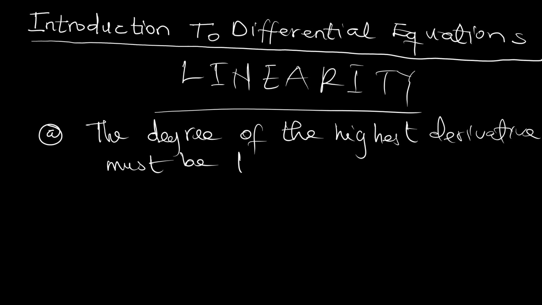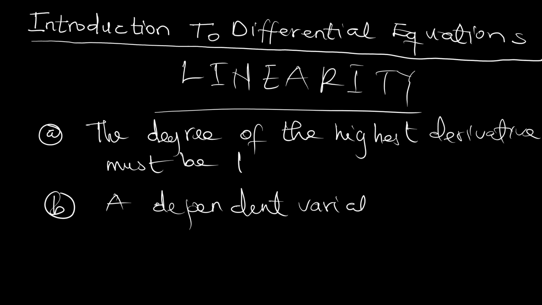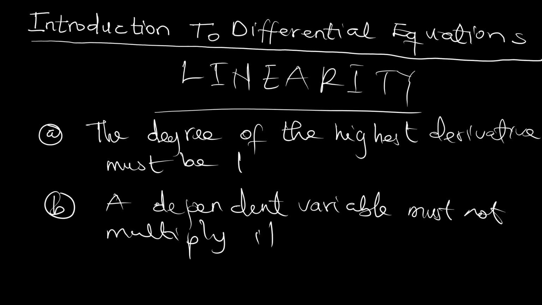B, or the second condition, is that a dependent variable must not multiply its derivative.